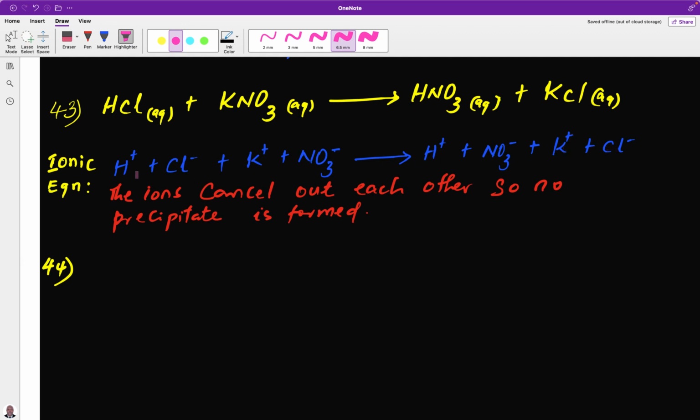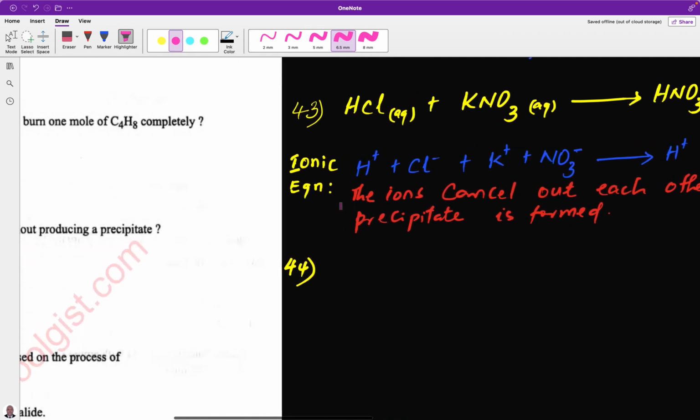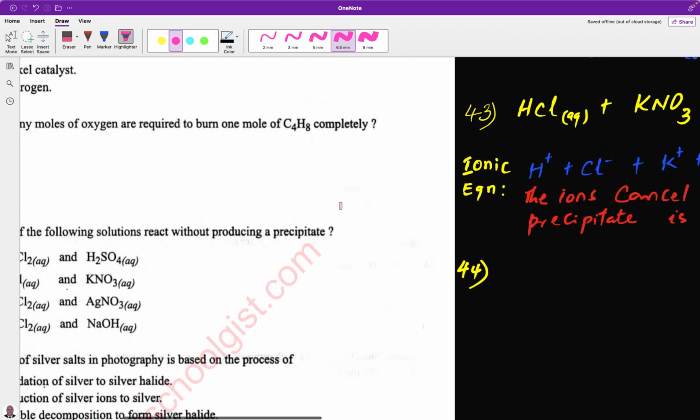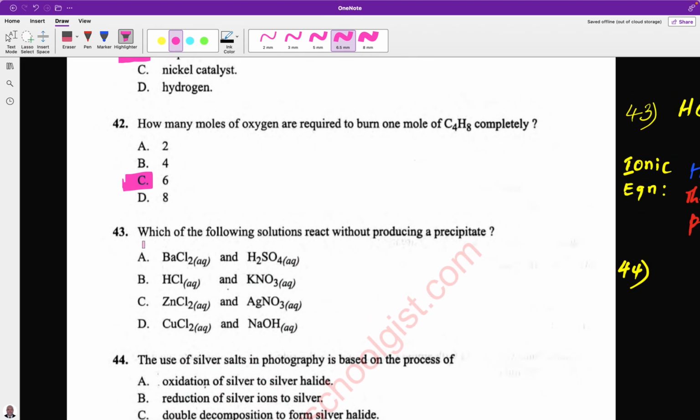If you look at it, the hydrogen will cancel out, the chloride will cancel out, the potassium will cancel out, and the nitrate will cancel out. So the ions cancel out each other. For that reason, no precipitate is formed. Our answer for this is B.